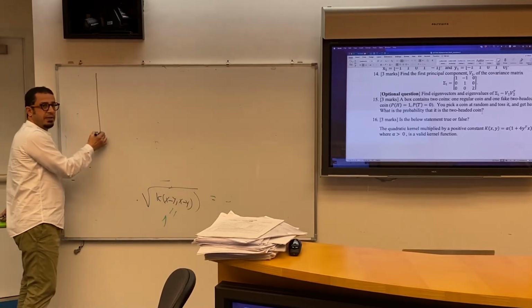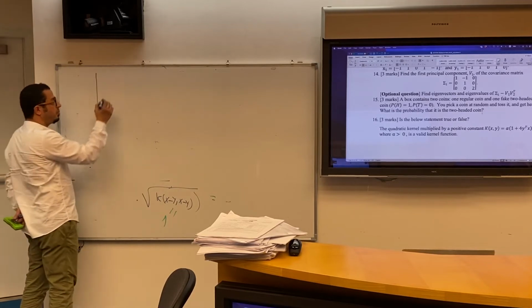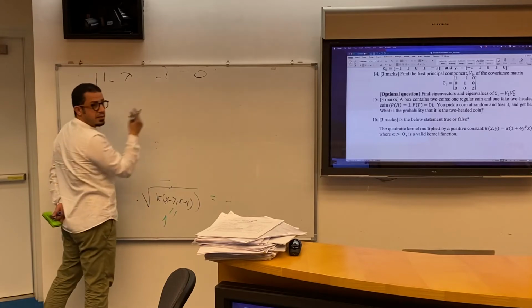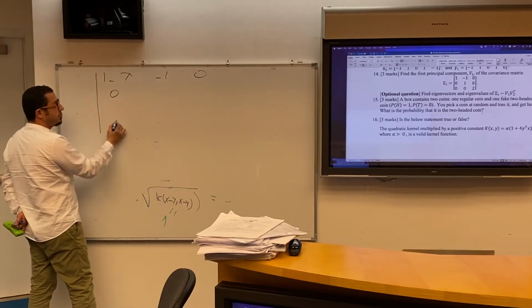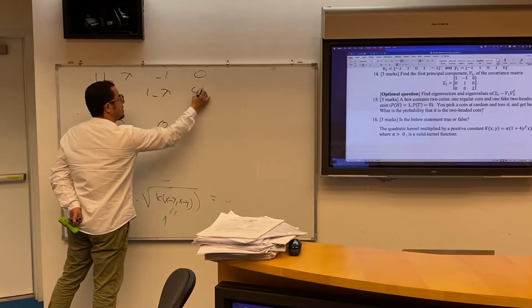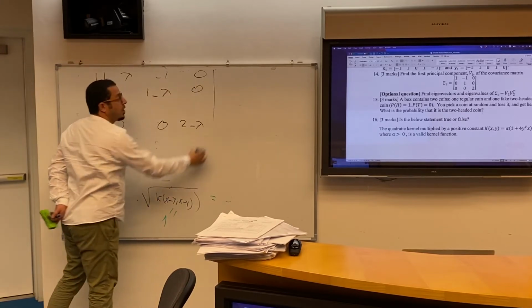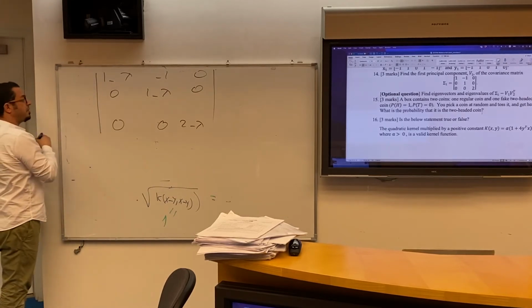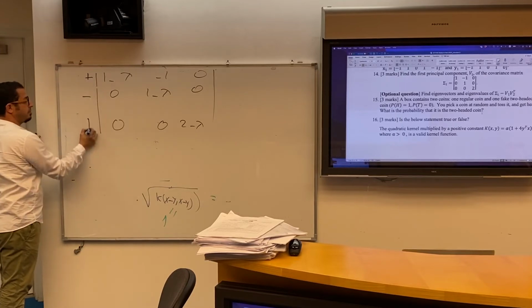Determinant of sigma minus lambda I, right? What will be here? 1 minus lambda, minus 1, 0. After, 0, 0, 1 minus lambda, 0, 0, 2 minus lambda. What is the determinant of this one? Minus lambda. Here, there are a lot of 0s, right? So it's better to do plus, minus, plus.